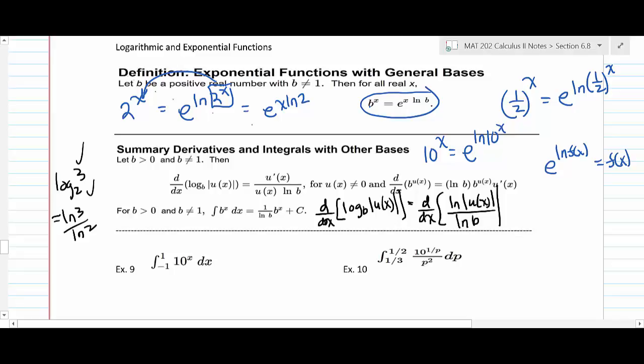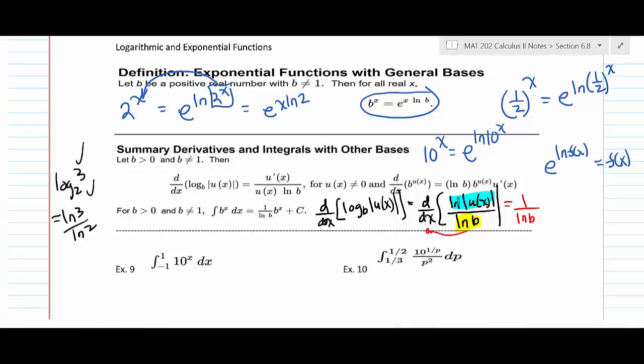Now, if you were going to do this derivative, this thing right here is a constant. ln of b is a constant, so it really comes out of that derivative. So you just pull that out, and you would have 1 over ln b, and then you would be left with doing this derivative, which you know. How do you do a derivative of a function? 1 over the function times the derivative of the function.